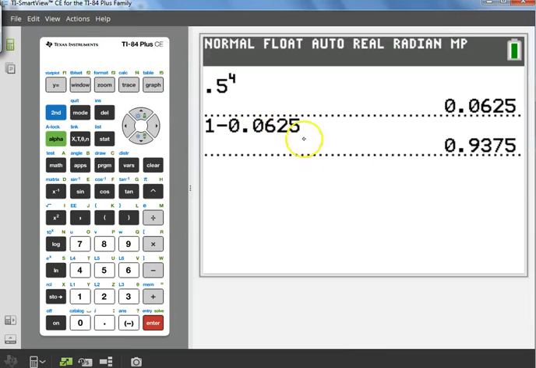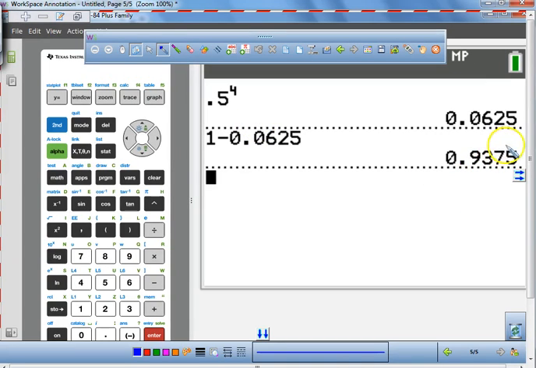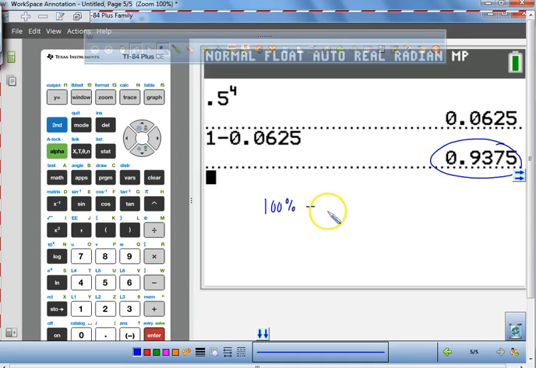So what percentage would be removed in this particular case? If we had 100%, we're multiplying by 6.25%. What's actually being removed in this particular case? 93.75%.